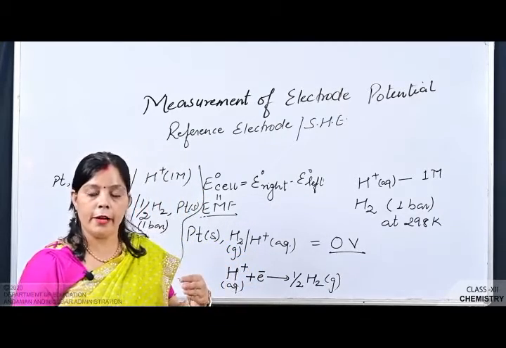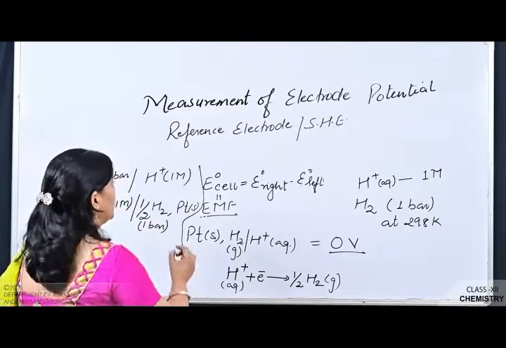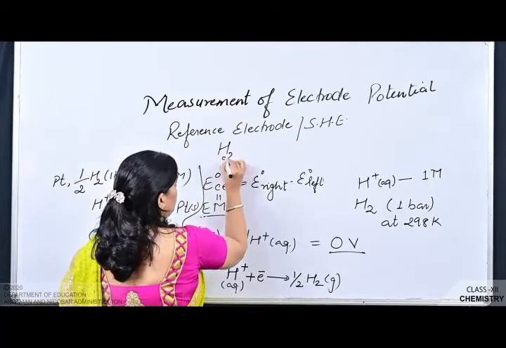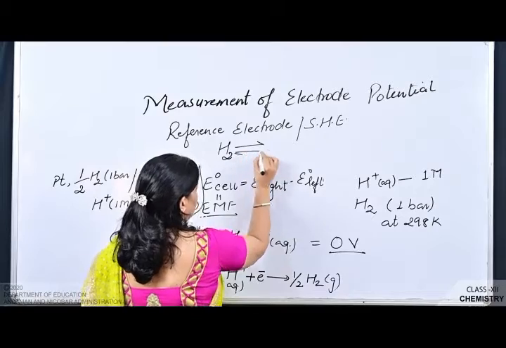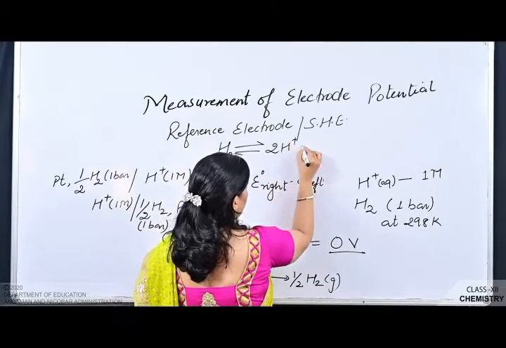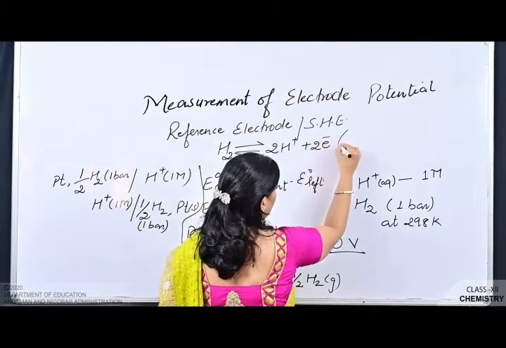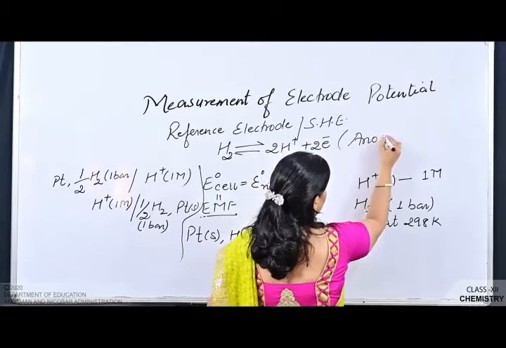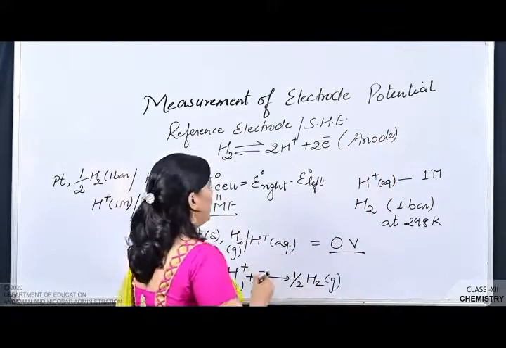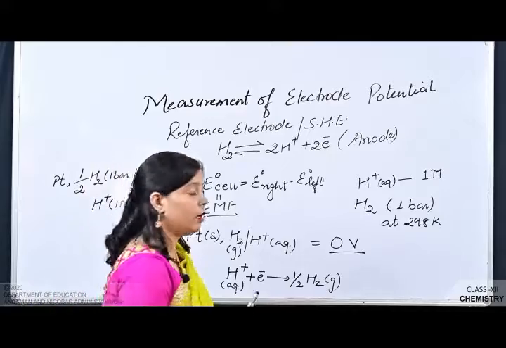The oxidation reaction can be represented as H2, under equilibrium, giving 2H+ ions by the liberation of 2 electrons. This reaction occurs at the anode when the standard hydrogen electrode is acting as an anode.